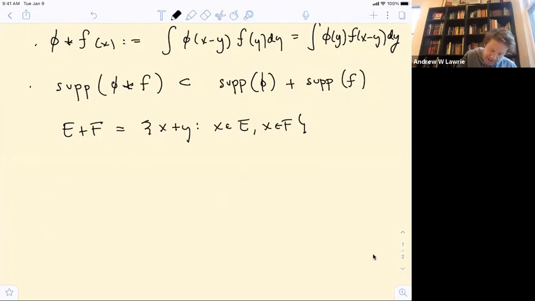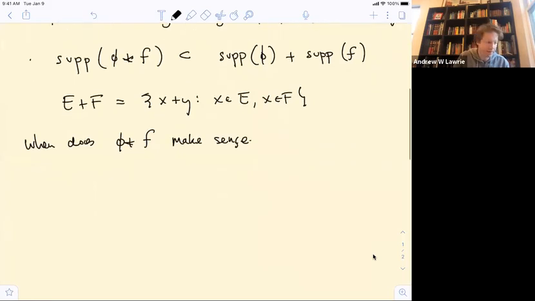So when does this make sense? We discussed this a bit a couple times ago. When does phi convolved with f make sense? What are the conditions you need on phi and f to make sense of this?